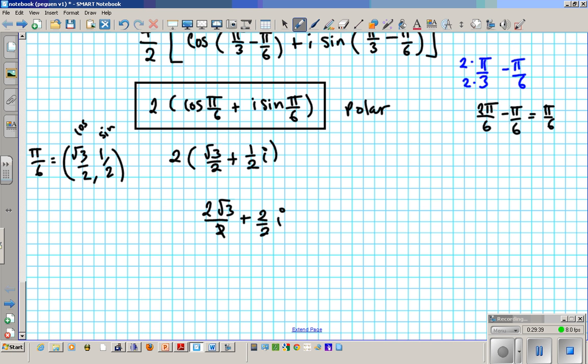If I simplify that, the 2s cancel out. I have root 3 plus 1i, which is the same thing as root 3 plus I. You don't have to put the 1 there, it's unnecessary. This is your answer in rectangular form.